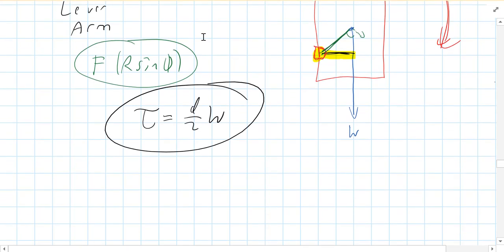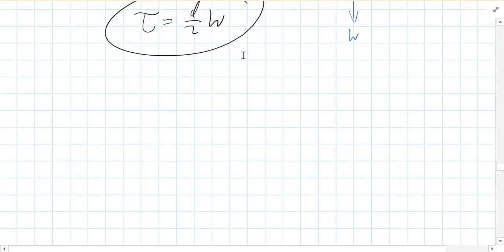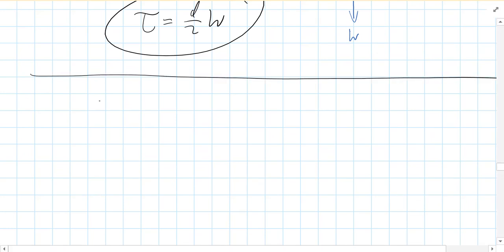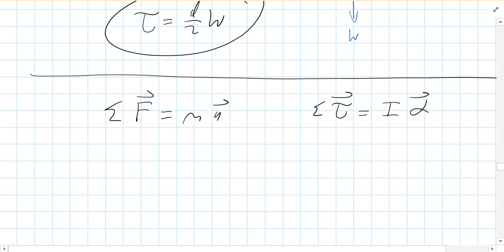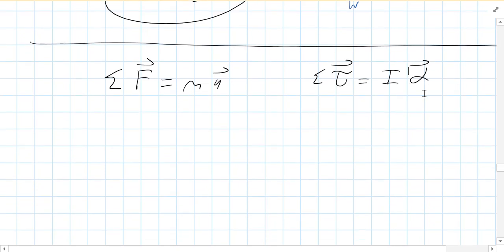Now, one last thing I'll leave you with, okay? In a linear system, we have net force equals ma, okay? Well, there's an analogous equation in an angular system. Instead of force, we have torque. Instead of mass, we have moment of inertia, and instead of a, we have alpha. Okay, so we have almost a perfect analogy here.